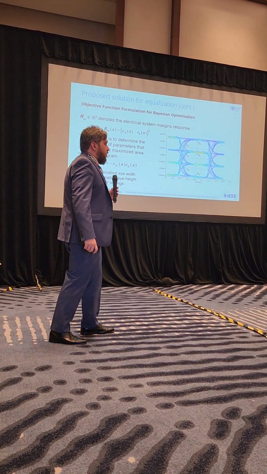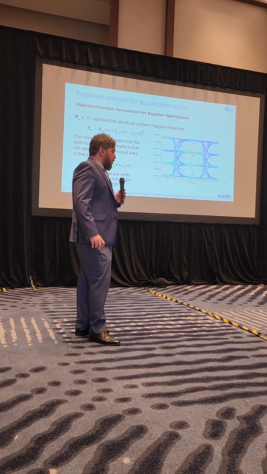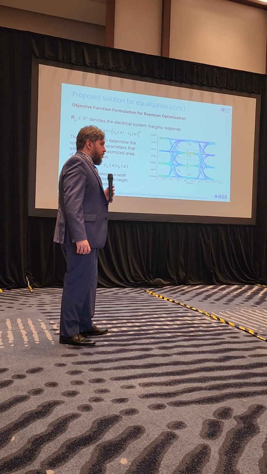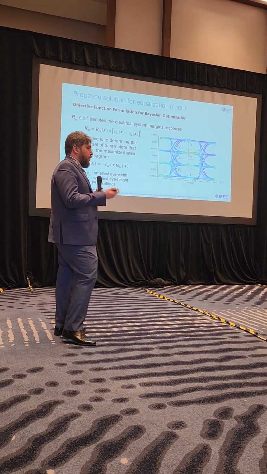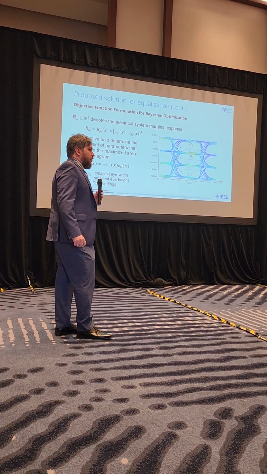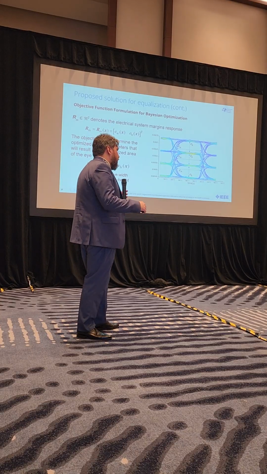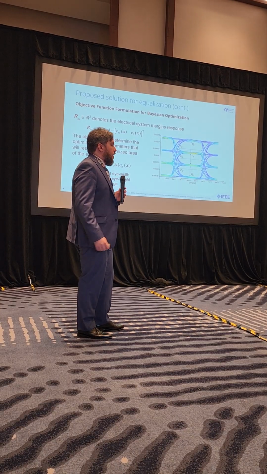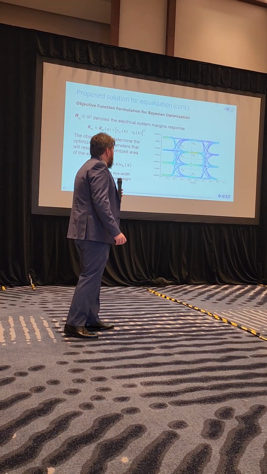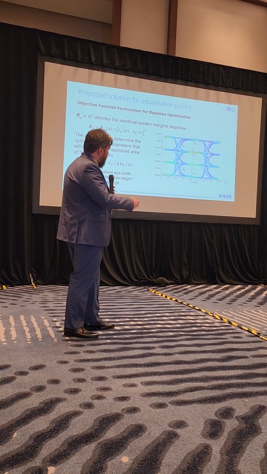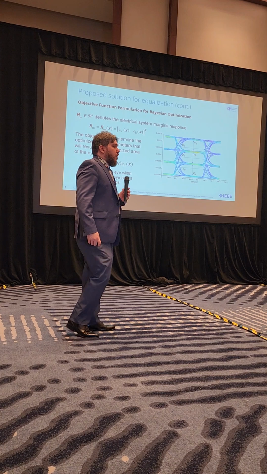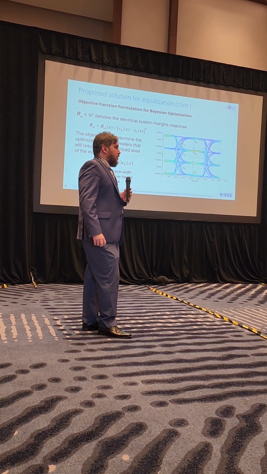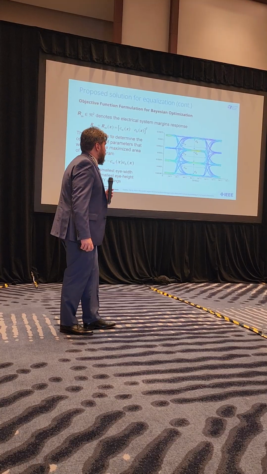So for our formulation, we created a bit of an innovative parameter to optimize. Normally, when you have a single eye to optimize, you can build an objective function based on, say, the area of that eye. When we're talking about PAM4, we have three different eyes, the upper, mid, and lower, and so there's a decision-making process to select which of those three eyes to optimize for.